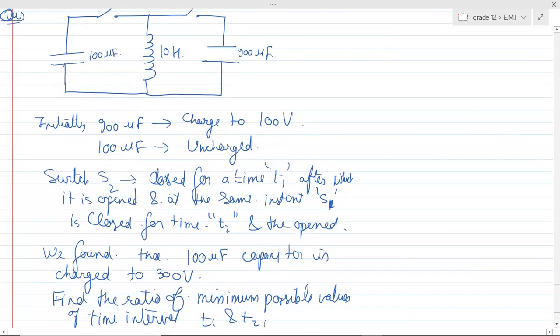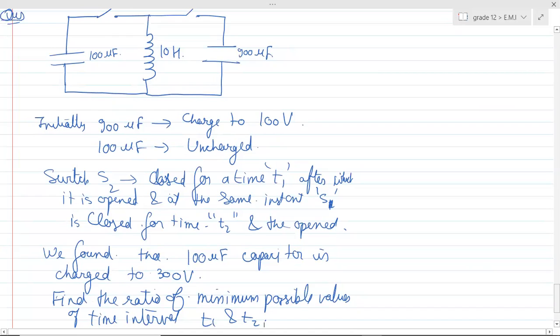चलो discuss करो. Tell me what are your thoughts on this type of problem. Think. But करने से पहले एक बार मुझसे पूछना कि sir, what to do in this question. अच्छा, can you see over here? It's purely an LC oscillation kind of thingy. At one time, only one switch is closed.